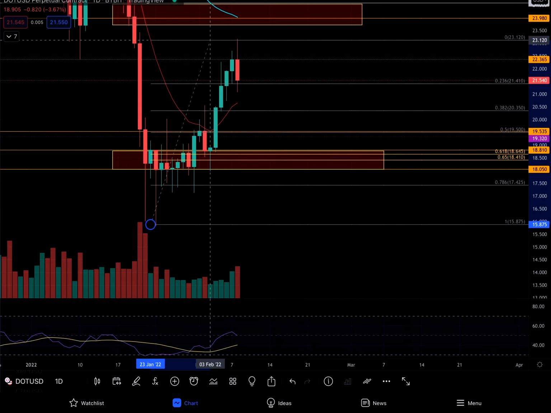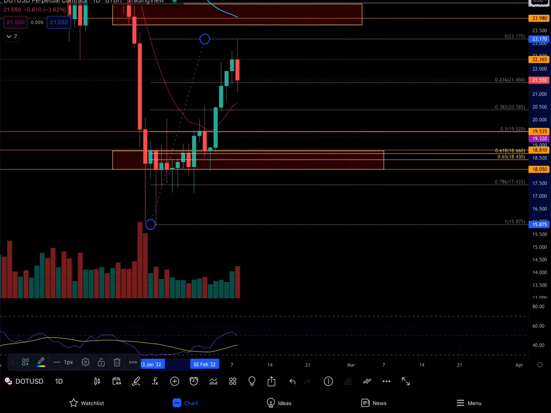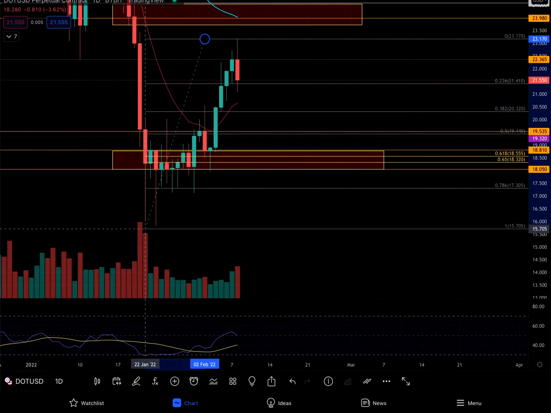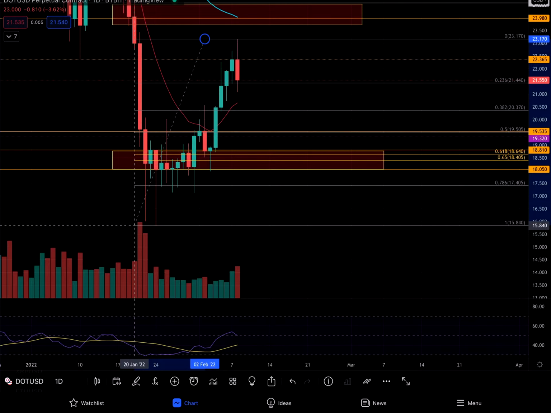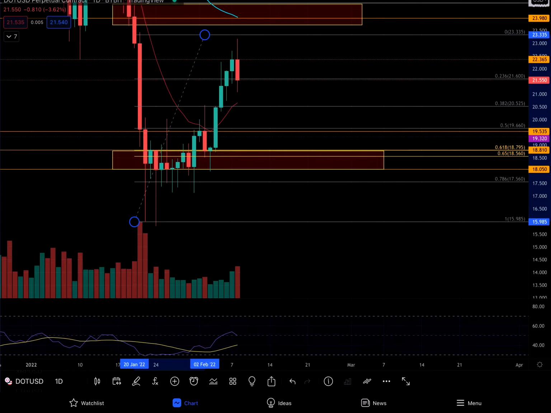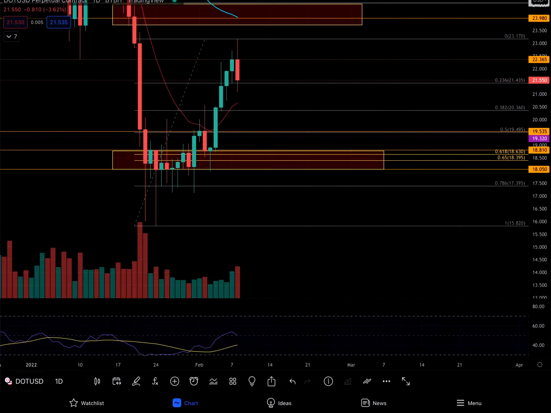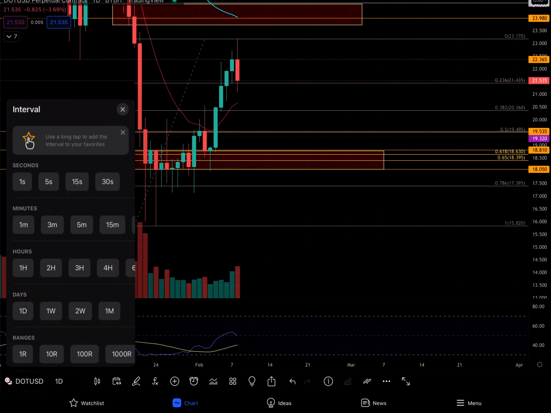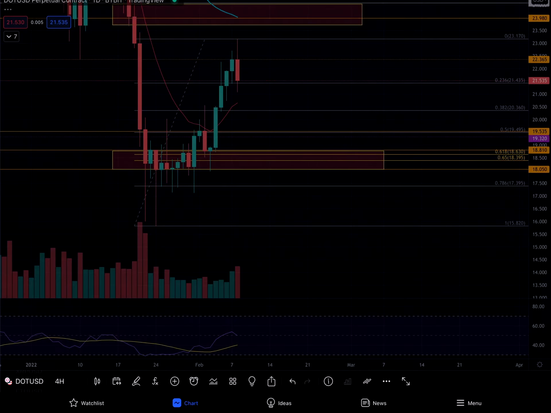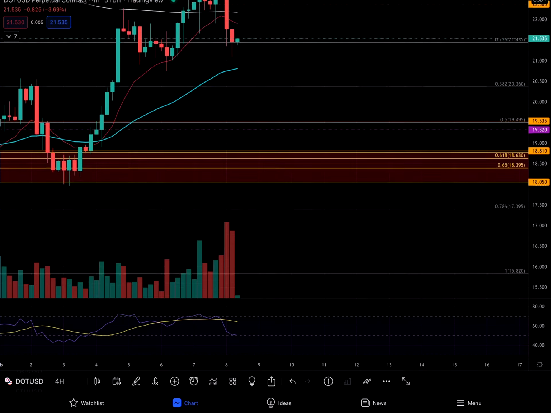That's why I still have mine set to where you can see them other than the golden pocket, but I don't want them to be too distracting. I like to depend on my daily and weekly levels more. We don't have a lot, like I said, in this box, so we're going to have to stick with fibs for now. Let's move in to the 4-hour chart and see what we have.